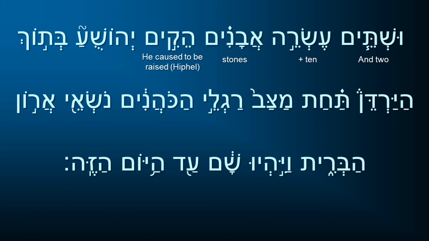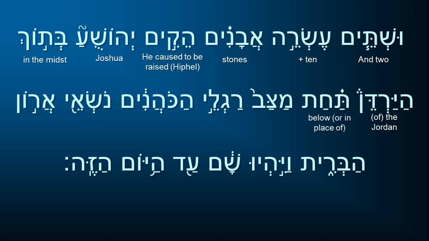And then Yahushua, Joshua, and what he did, he caused to be raised in the midst of the Jordan, and we already saw the word Jordan. Notice he caused these stones to be raised in the midst of the Jordan.